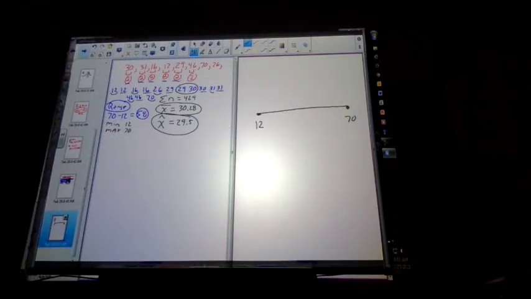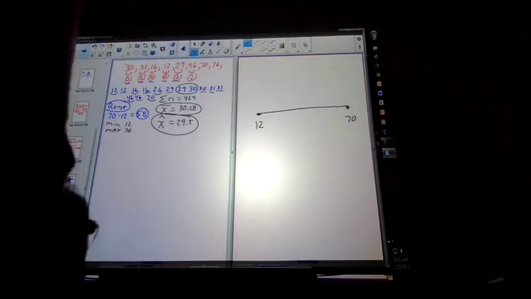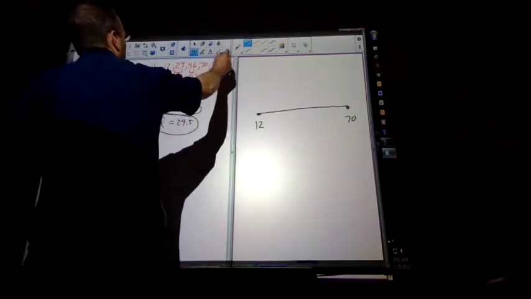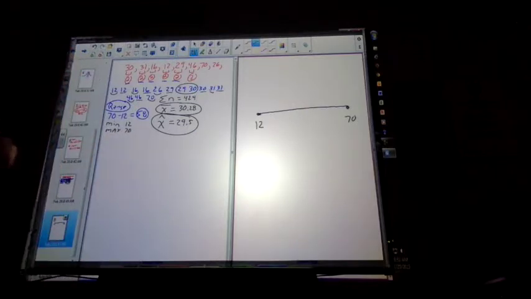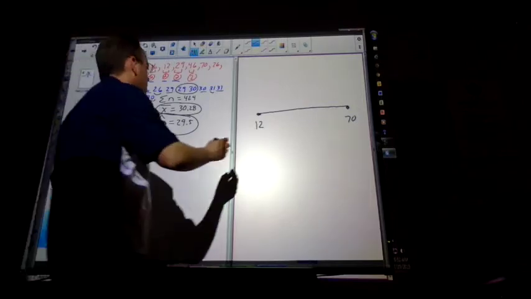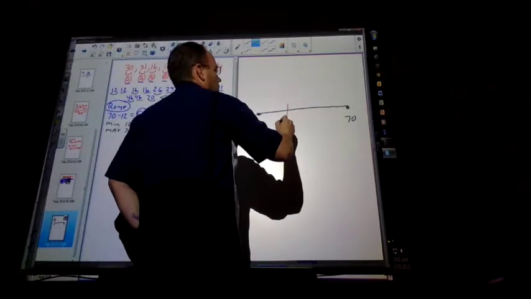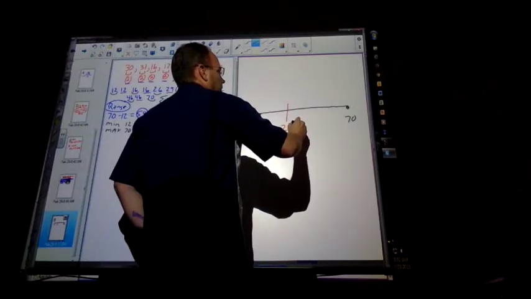So I just kind of made a number line. Now, supposedly it should be equally marked off. So I'm going to take my median, which is x hat, and call that 29.5. Is 29.5 closer to 12 or closer to 70? Closer to 12. So we might call 29.5 right there.